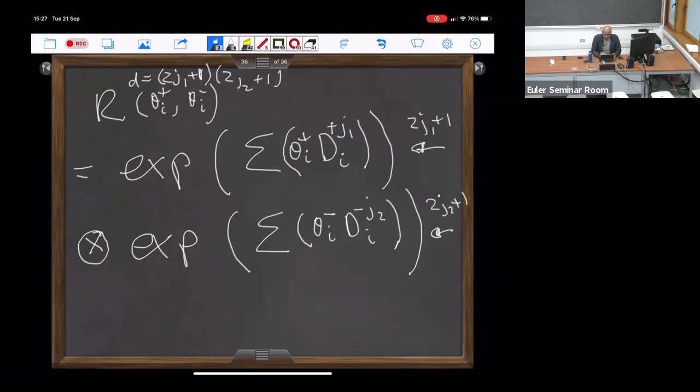So this is the tensor product representation of the group SU2 times SU2. And it's also a representation of SU2 times SU2 mod Z2.